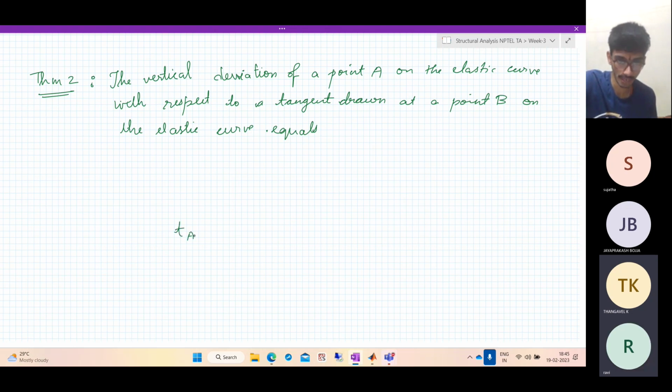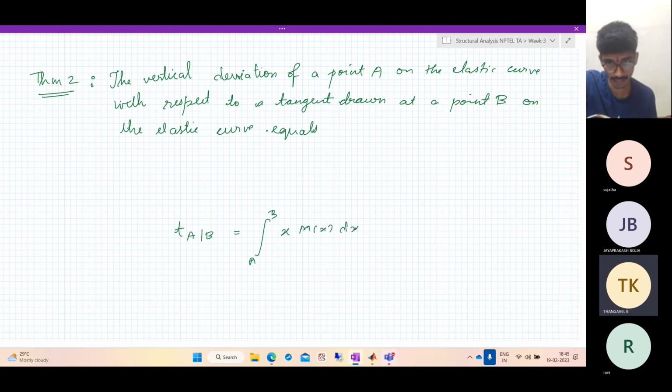We say T of A with respect to B is equal to the integral A to B of x m of x dx.